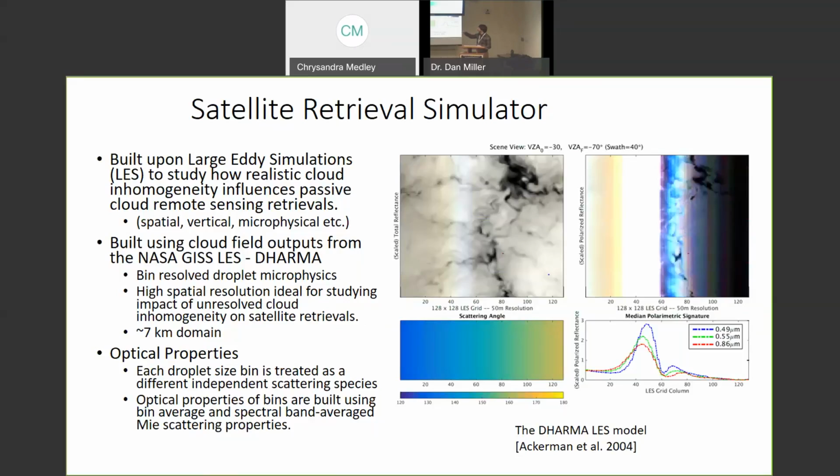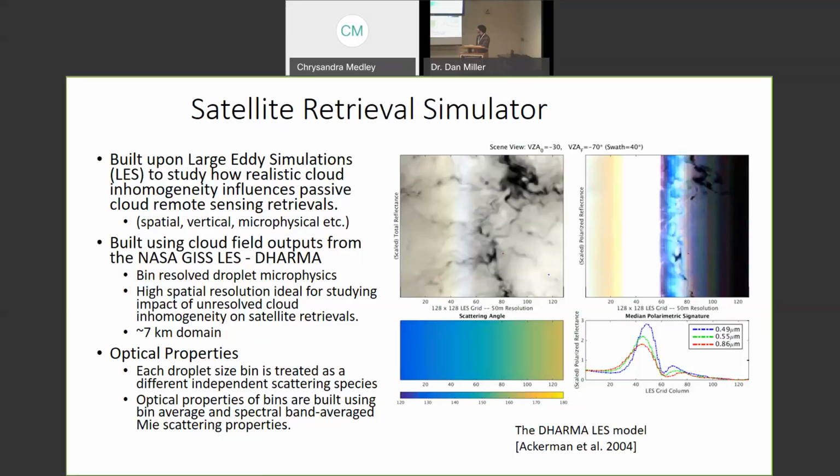But when it comes to simulating something like MODIS with a 1-kilometer or 500-meter spatial resolution, or some VIIRS products, a 7-kilometer domain is fine. You can model high spatial resolution information, like you'd see from an airborne instrument flying close to the cloud, or you could average up your reflectances and get a coarser spatial resolution, like a satellite would see.